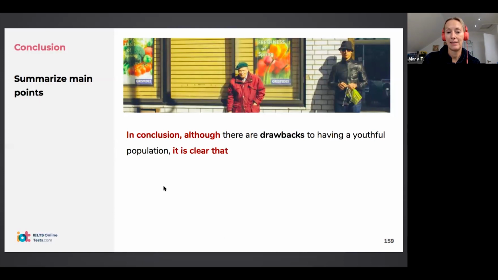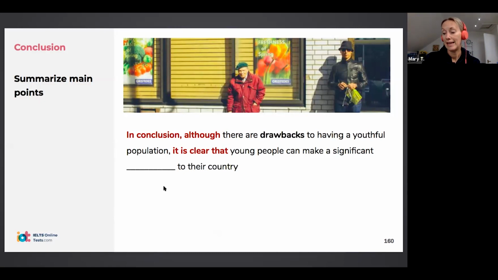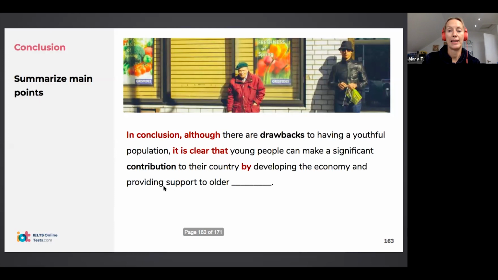It is clear that young people can make a significant, yes, Mohammed, good, a contribution to their country by developing the economy and providing support to older. Yeah, so it could be citizens, but we've used that already. So generations is good, or people.